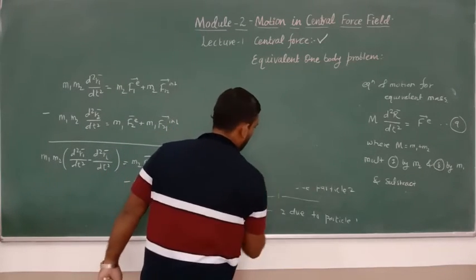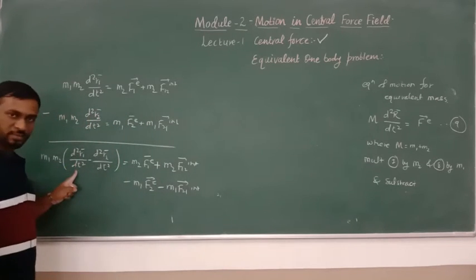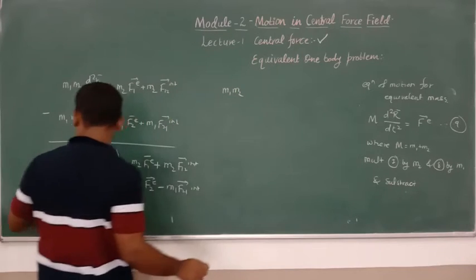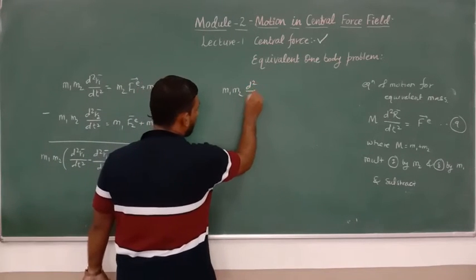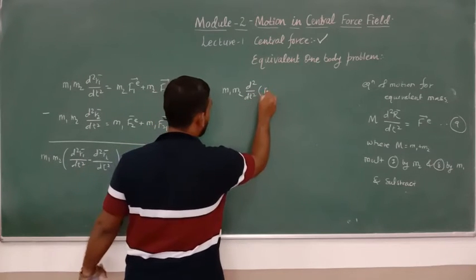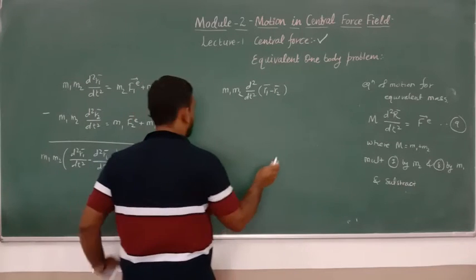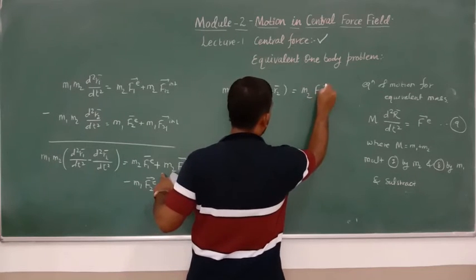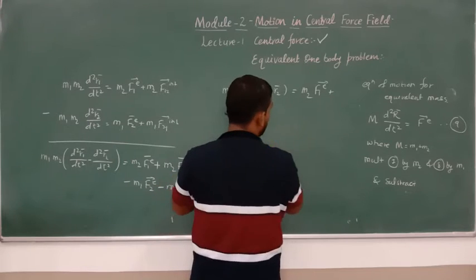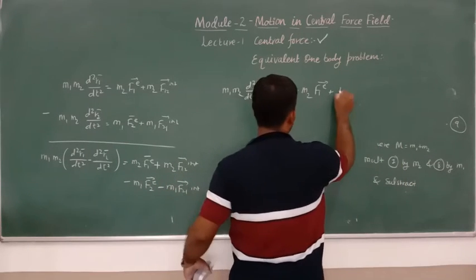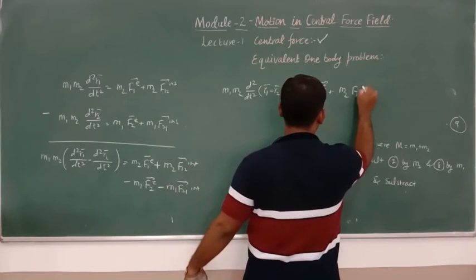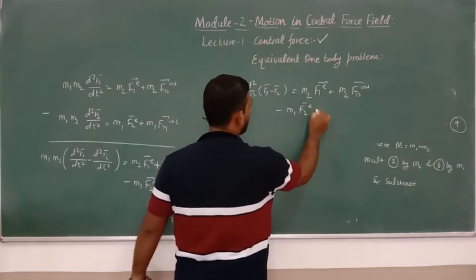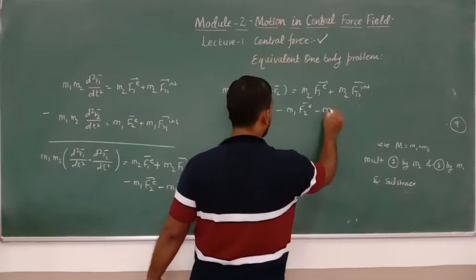Since we can common out d2 by dt square, m1 m2 d2 by dt square of r1 bar minus r2 bar is equal to m2 f1 external plus m2 f12 internal minus m1 f2 external minus m1 f21 internal.